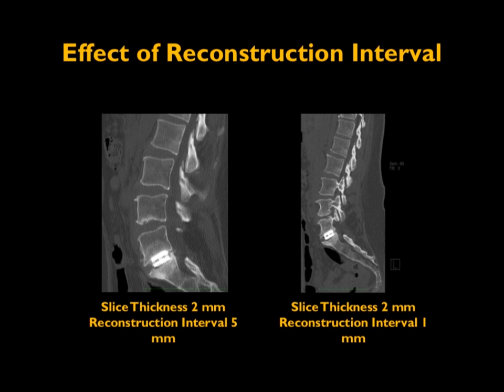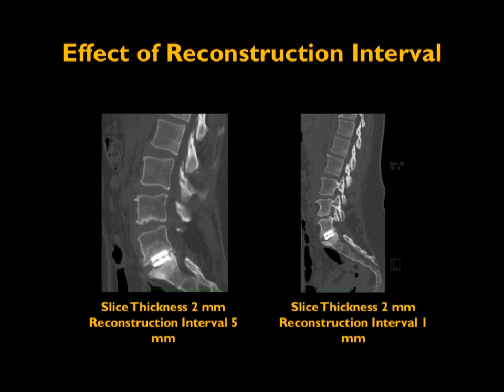When the slice thickness is 2 mm and the reconstruction interval is 5 mm, the images have a lower spatial resolution. On the other hand, when the same raw data is reconstructed at a slice thickness of 2 mm with a reconstruction interval of 1 mm, it improves the spatial resolution in the sagittal direction.